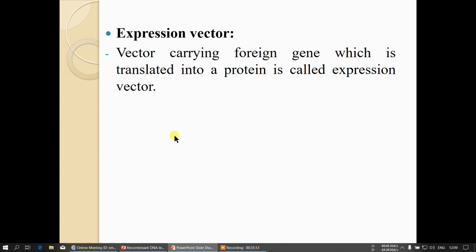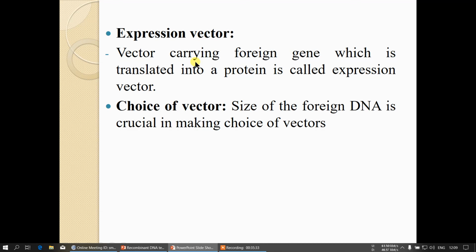If we introduce the insulin gene into a vector, and this vector is an expression vector, it can express the gene into mRNA and then protein, and we directly get the insulin protein, our protein of interest. That type of vector is known as an expression vector.